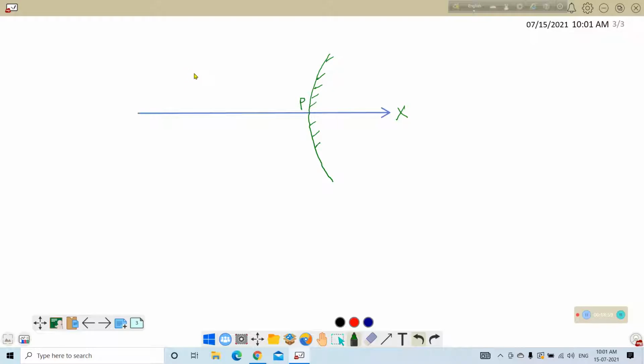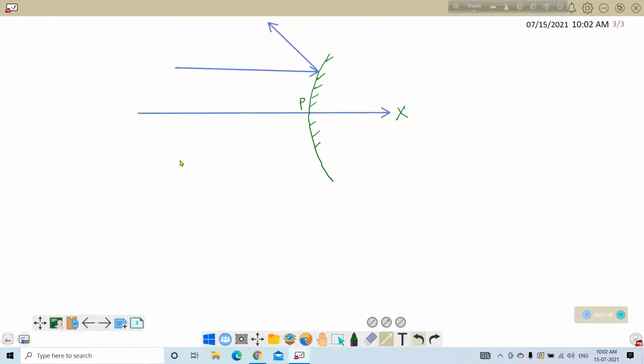Now, if light comes from any point from the object space like this, we are taking a light ray that is incident on the mirror, and the incident ray is parallel to the principal axis. This is the principal axis. After reflection, it will be reflected back in this manner.